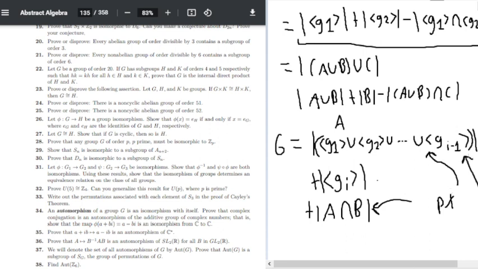Or if it did during any process of that, then we would automatically have a subgroup with an element G such that G to the P is equal to 1.